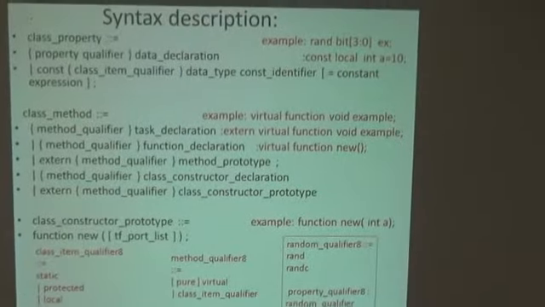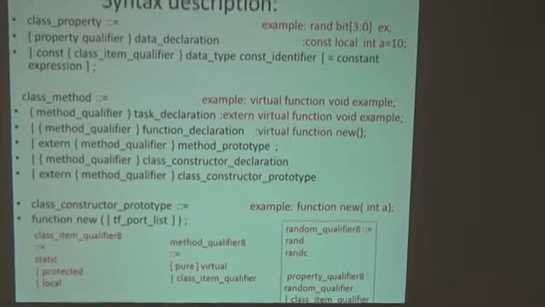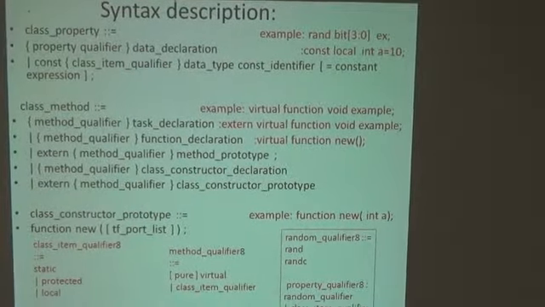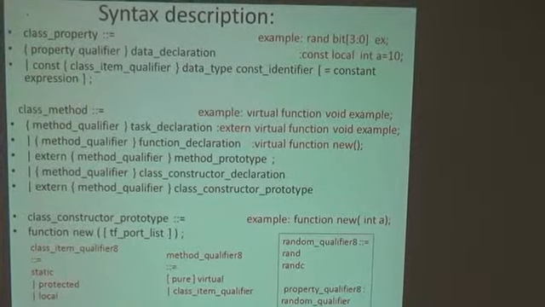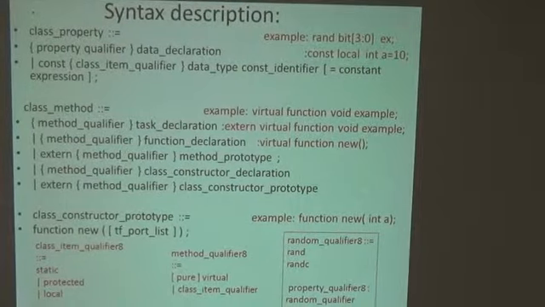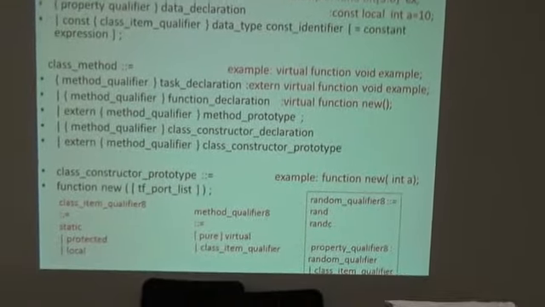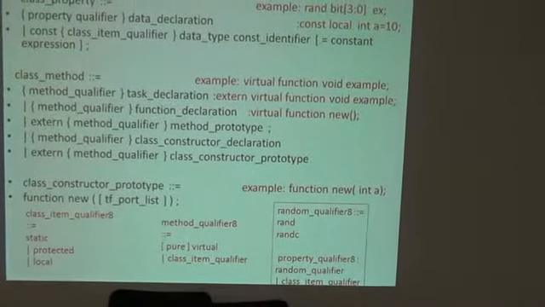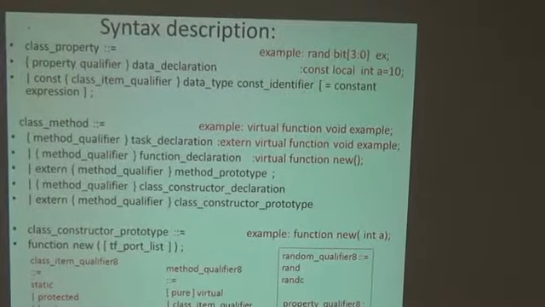Syntax description. Now we are going to discuss the class items and their syntax. The class items are generally present between class and endclass. We have noted that the class items are nothing but class properties, class methods, class constructor prototypes, and class constraints.